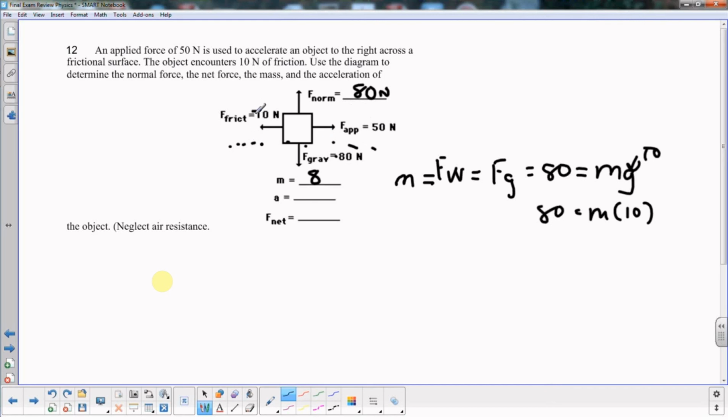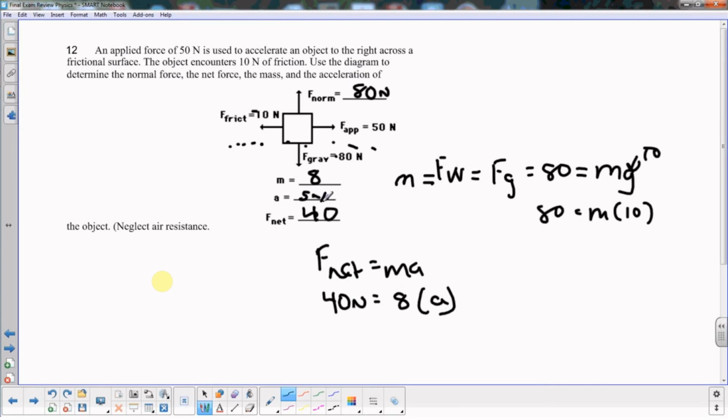So 50 minus 10 is 40. So that's the net force. And on a good day, as my t-shirt says, F net equals MA. So 40 newtons equals the mass, 8 times A, which is what we're trying to solve for there. 40 divided by 8 on a good day is 5 meters per second squared.